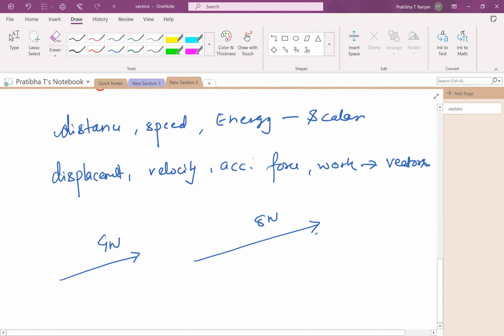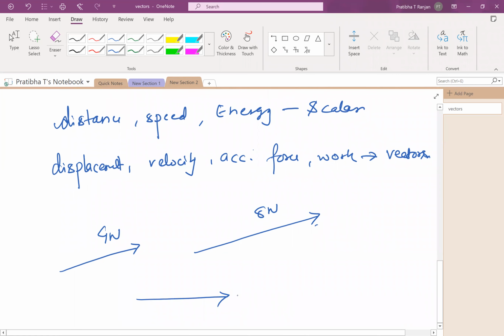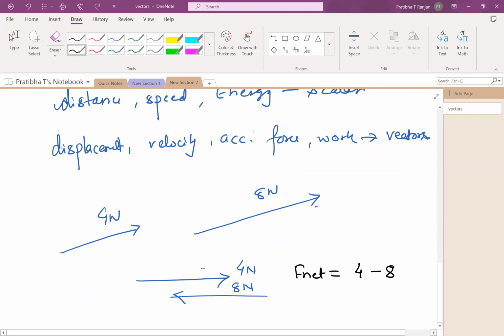So if one force is acting in this way, 4 Newton, and another force is acting in this way, 8 Newton, and I have to find the F net, meaning the total force, it's 4 minus 8. Because this direction is considered positive, this must be negative, right? And it's simply negative 4 Newton to the west, right?